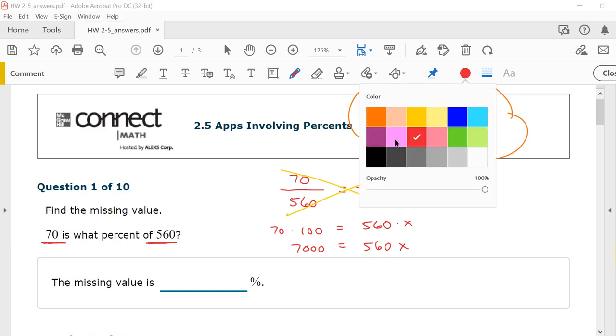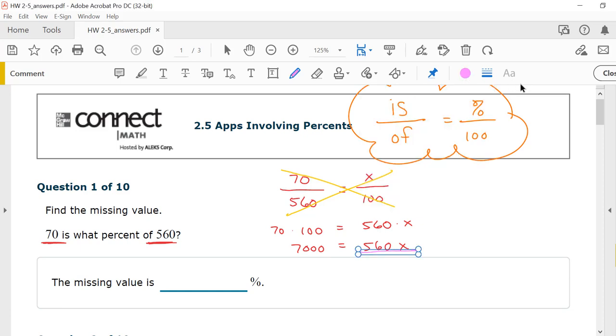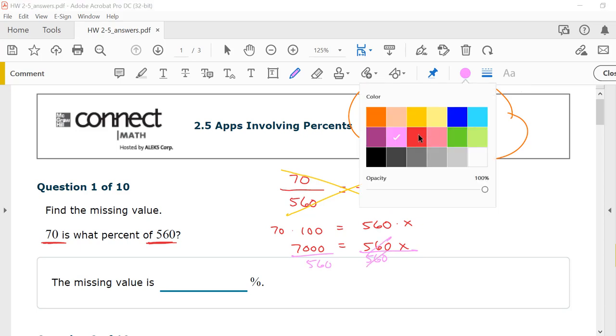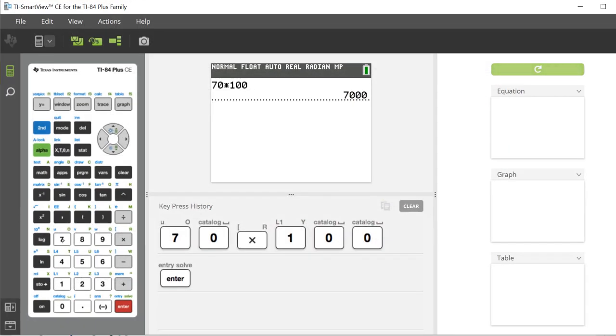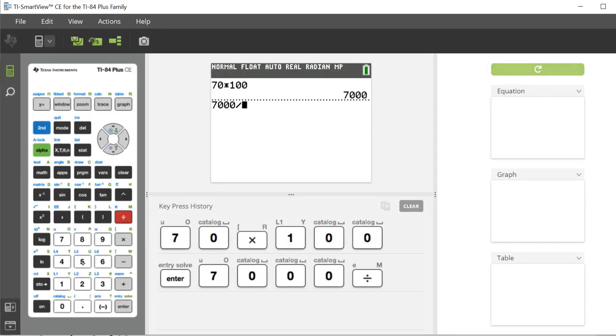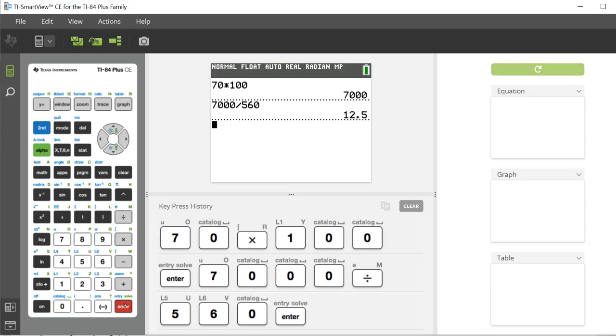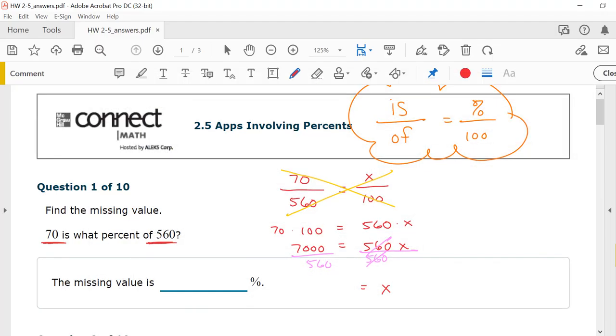I need to divide both sides by 560, and I'm left with x equals 7,000 over 560, which is 12.5. So the missing value is 12.5%.